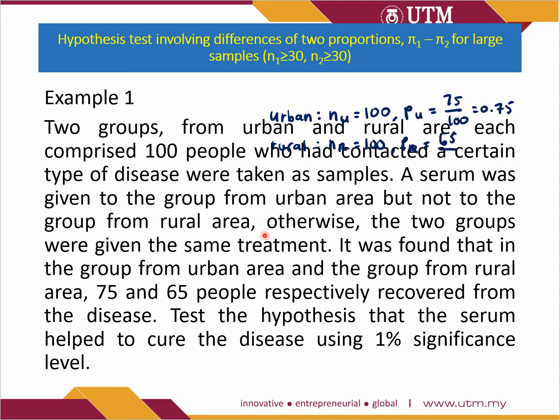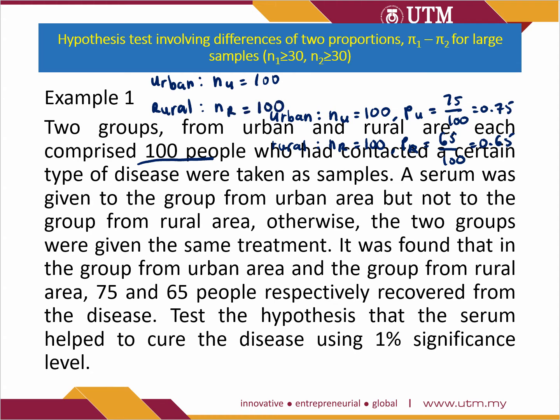Otherwise, the two groups were given the same treatment. So these 100 people are given as our nU and also nR.